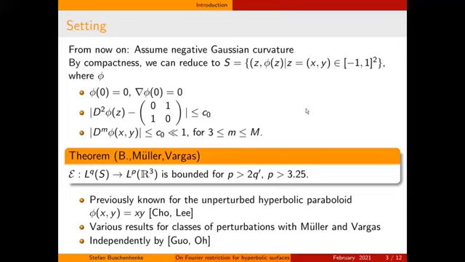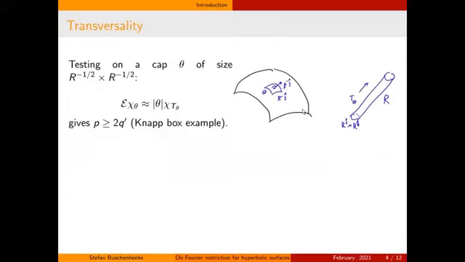One key feature in restriction theory is transversality.